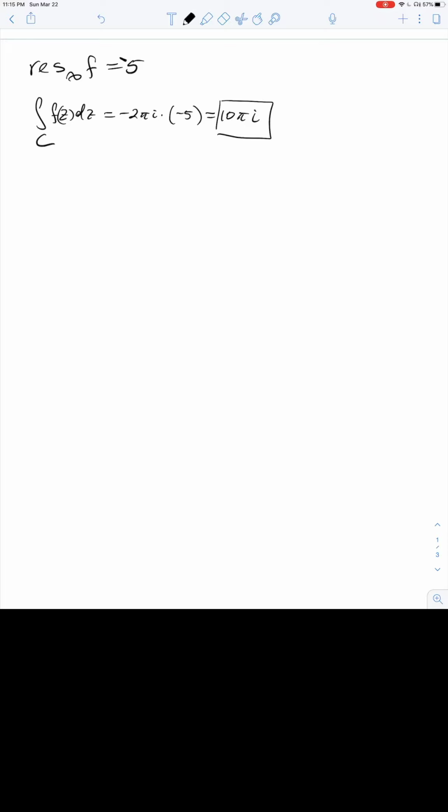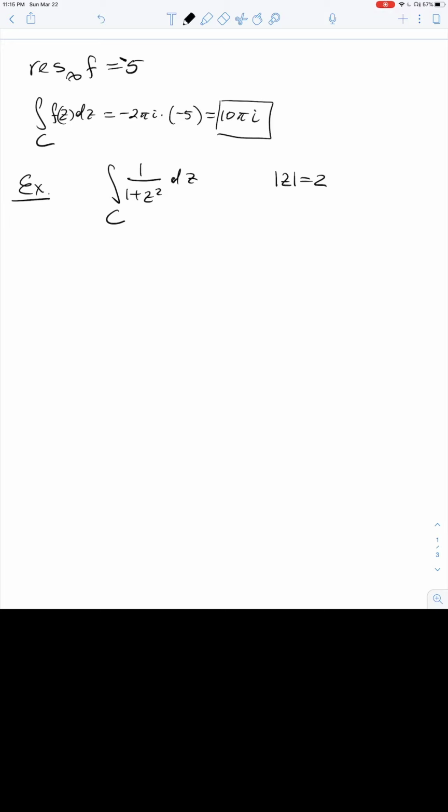Let's compute an integral. Well, I'll just do one more example. I'll integrate 1 divided by 1 plus z squared dz over the same circle |z| equal to 2.